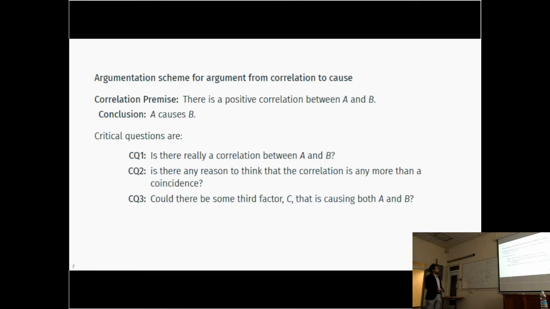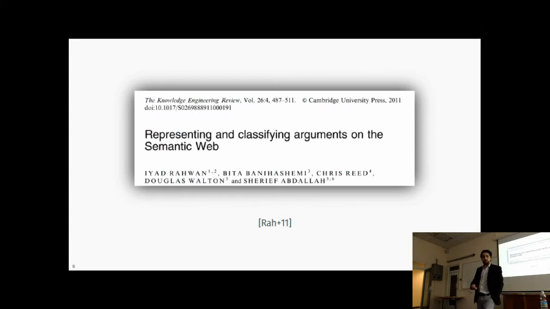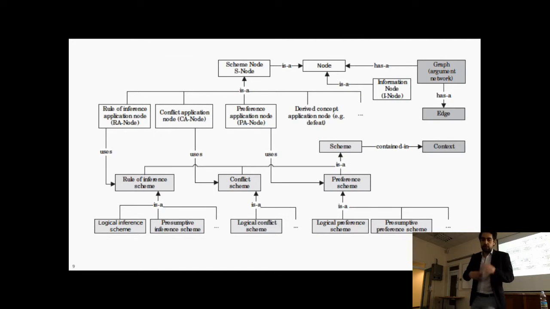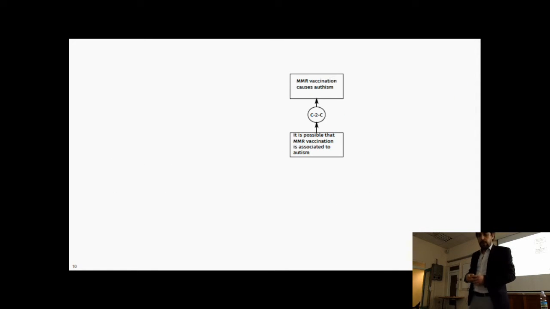So you actually want, for instance, to ask whether there is actually a correlation between A and B, how strong is this correlation, etc. And these argumentation schemes have been implemented in some sort of database structure some years ago, and essentially we have all the infrastructure behind for handling this type of relationship and this type of information.